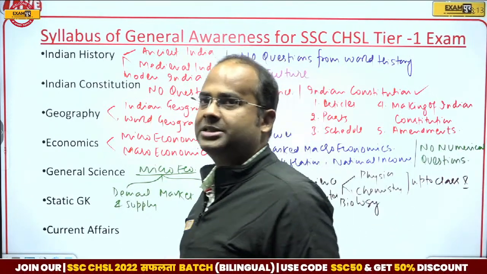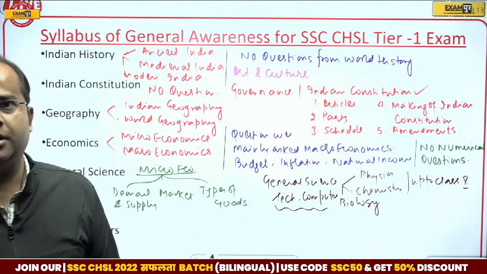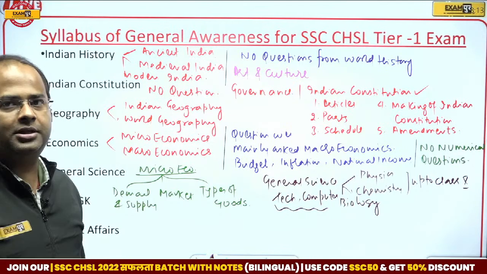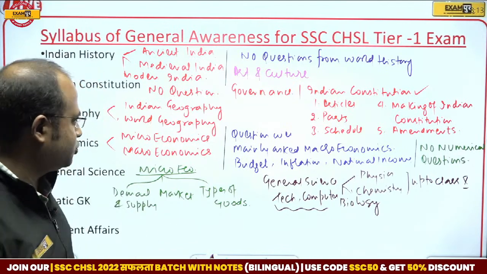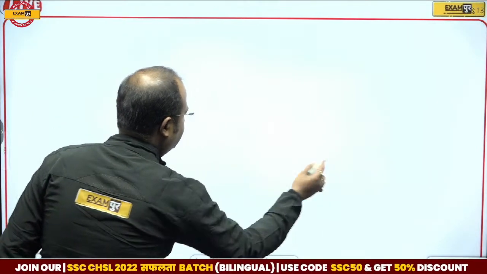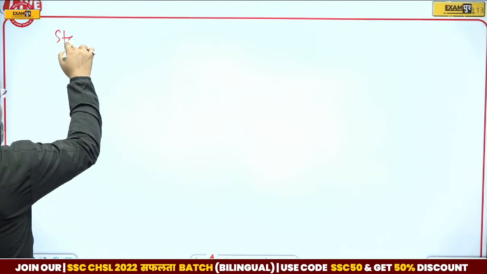Now the static GK section is very wide, like dams and bridges. Other than this, you have important days and dates. The static GK section is a bit bigger.